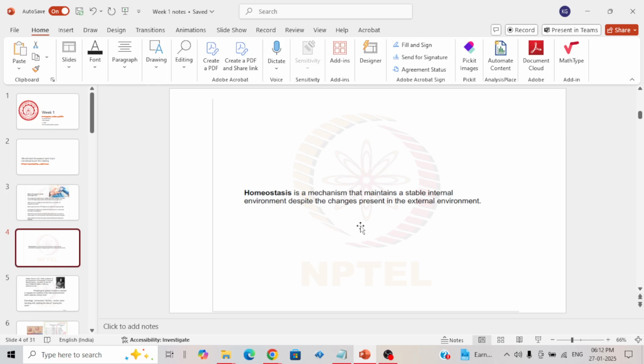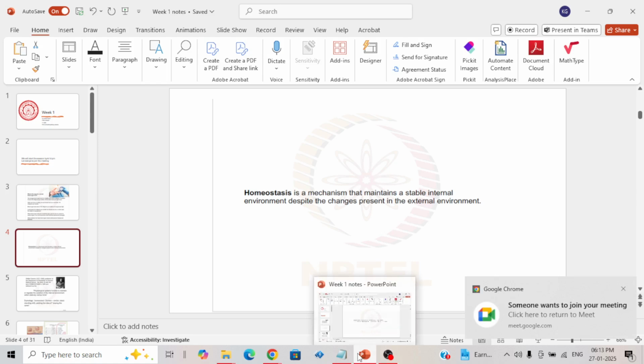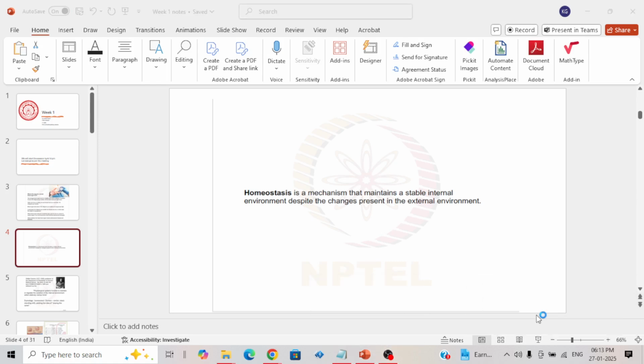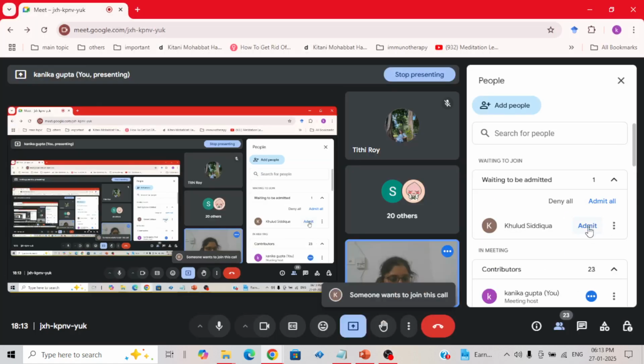Basically, homeostasis is the balance in the internal environment of that particular body. If there are some changes in the external environment, then the body can adjust accordingly, but obviously the internal environment should be maintained.